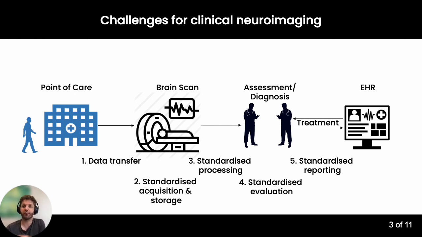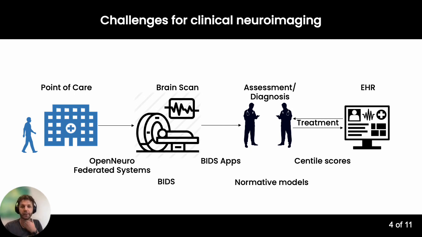Now, while we could discuss all of these challenges, there are some very promising initiatives in the open science space that tap into these challenges very specifically. So initiatives such as OpenNeuro, but also advances in federated learning systems, have really opened the doors for reliable, GDPR-compliant sharing of data across sites, or at least trying to make use of that data across different contexts and sites.